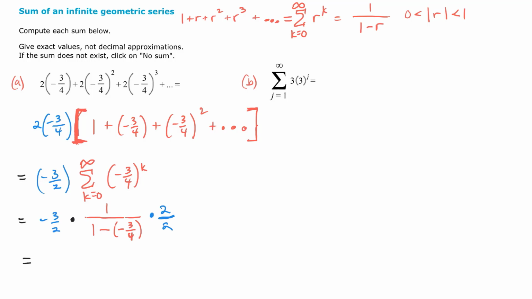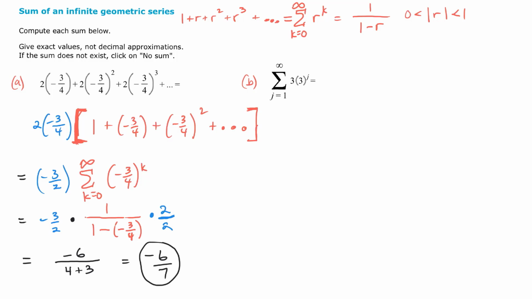We get a negative 6 in the numerator, and then we get 4 plus 3. Yep, we get a 4 plus 3. So our final answer is negative 6/7. That's the answer to part A. Make sure you show all your work.